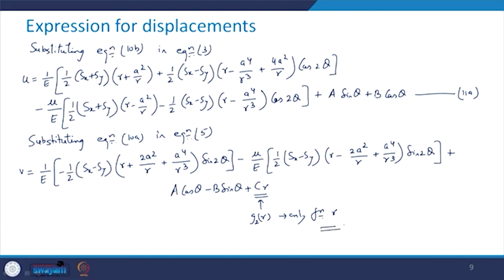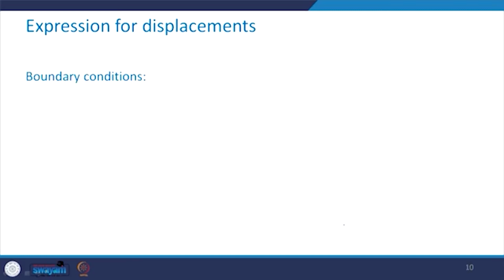Now after getting this, it's the time to apply the boundary conditions. So we need to apply here the boundary conditions with respect to the displacement. So what do we have here is that displacement v will be equal to 0 when theta equal to 0 or pi by 2 for all values of r.